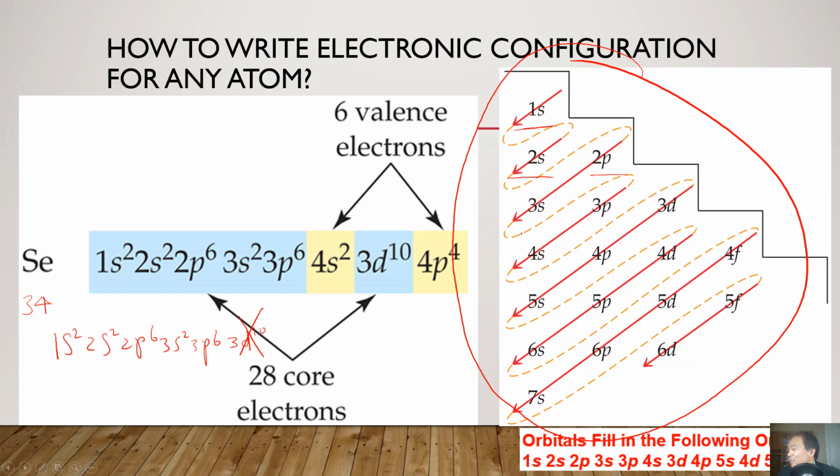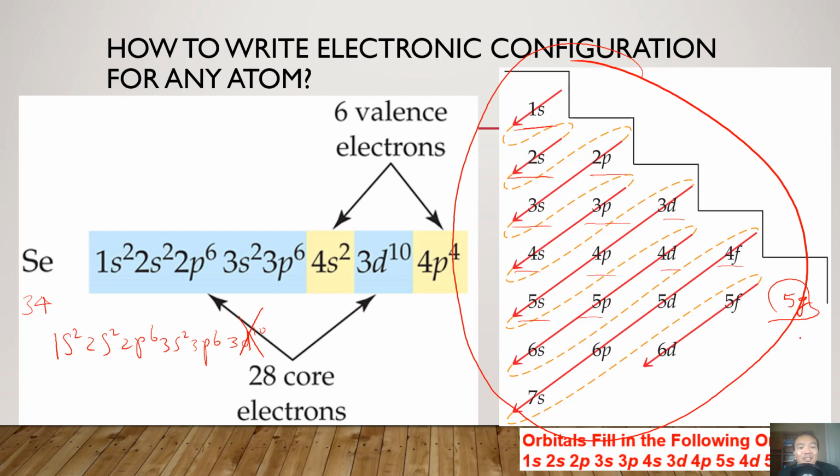Then number 2, you have 2s and 2p. Shell number 3, s, p, d, then s, p, d, f for shell number 4. And for shell number 5, you would have s, p, d, f, and g. But as I mentioned, because we never get to use g, that's why we don't write a g over there. It's not because we don't have it. We do have it, okay?